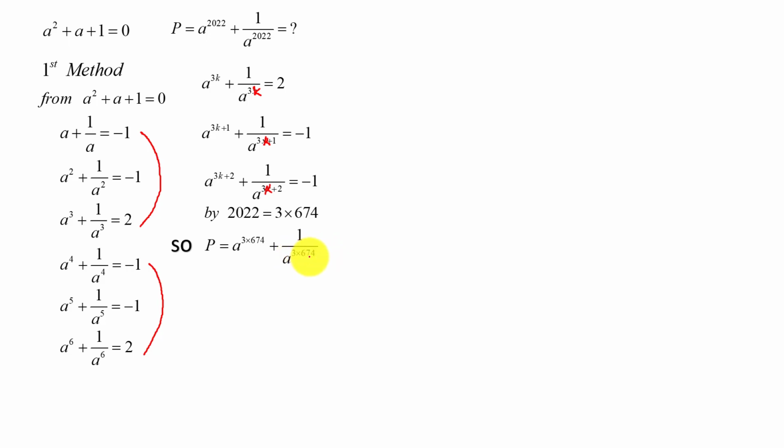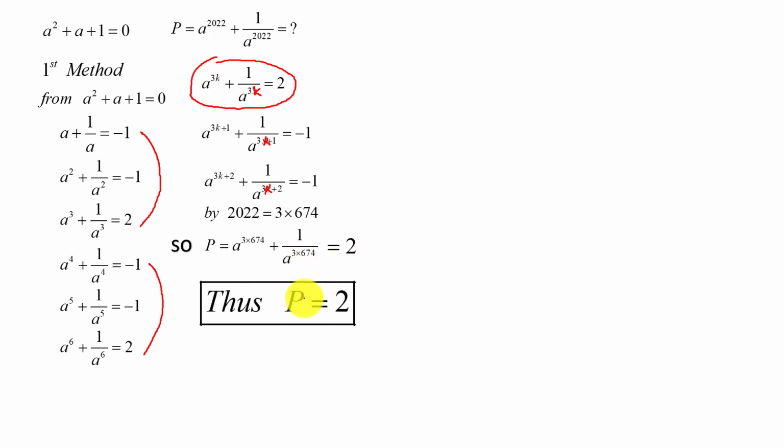So this is in the form a^(3k), so this equals 2. So that P is equal to 2.